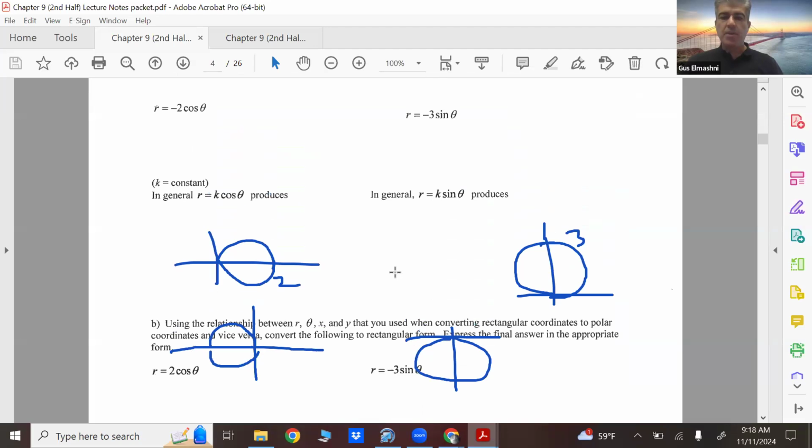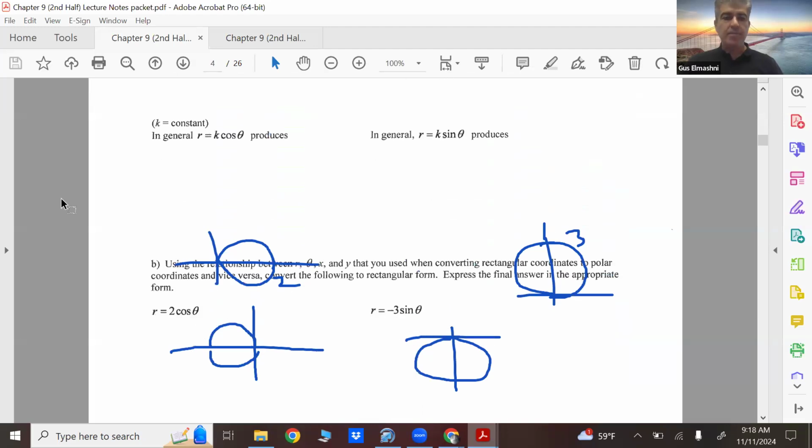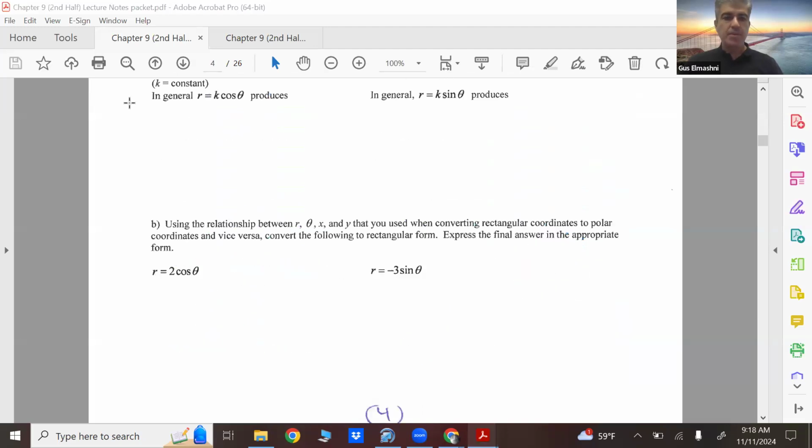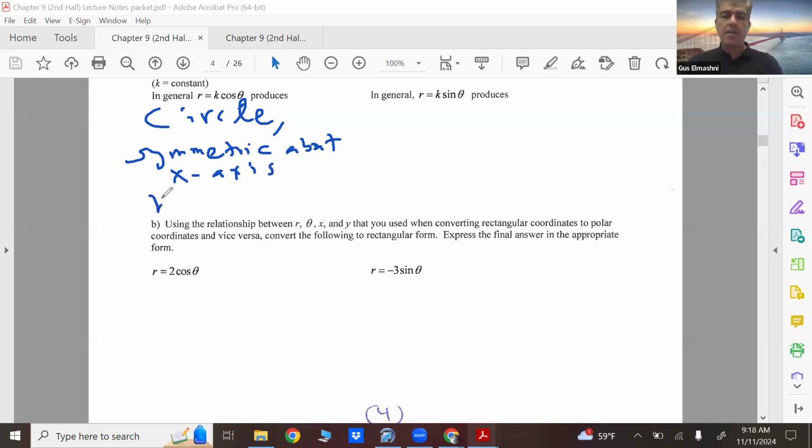So in general, we can generalize and say, well, okay, they each produce circles. A circle symmetric about the x-axis, and k is the diameter, by the way.